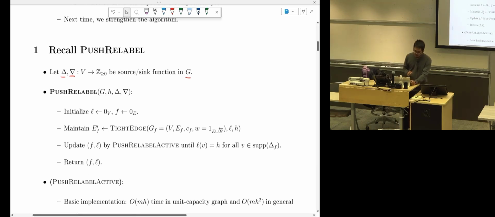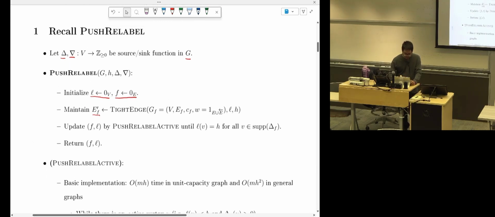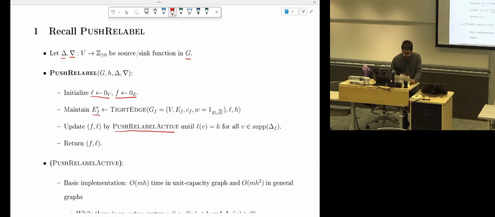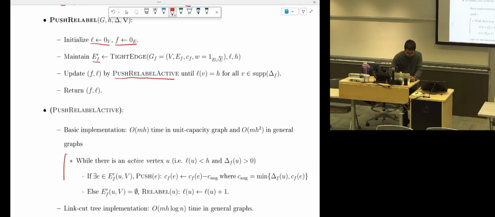What push relabel will do is initialize the level of vertices to be 0, initialize the flow to be 0, and maintain some tight edges. Then we will keep pushing or relabeling the active node.